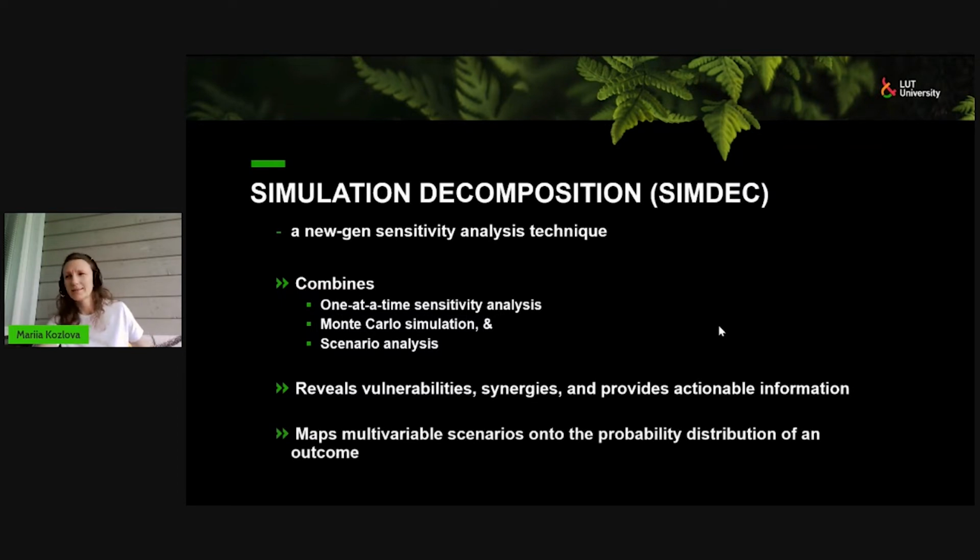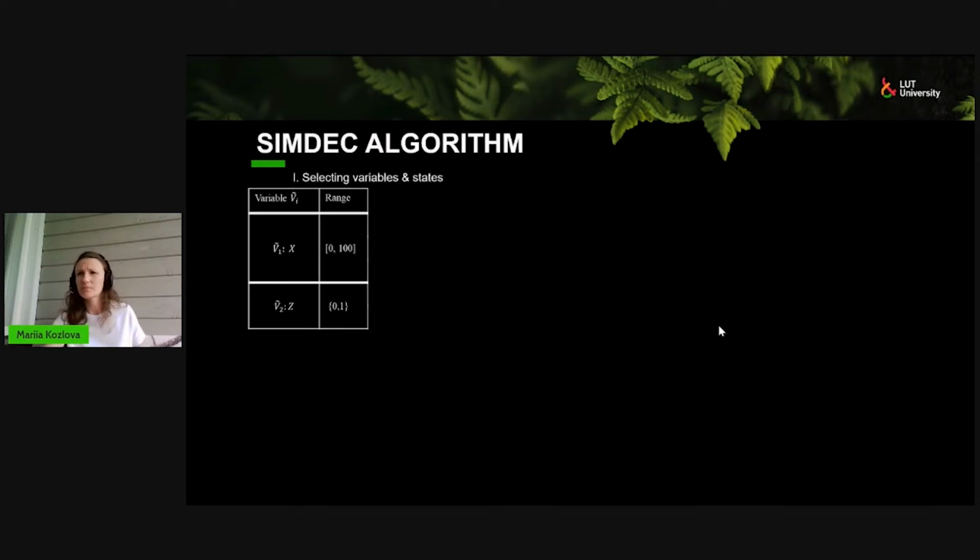Technically, what it does is map multivariable scenarios onto the probability distribution of the outcome. Let's dive into it a bit more. So assume we have a model and we have certain variables in there, and there is some uncertainty related to it. And here we have x ranging uniformly from 0 to 1, and z that is a binary variable and takes either 0 or 1.